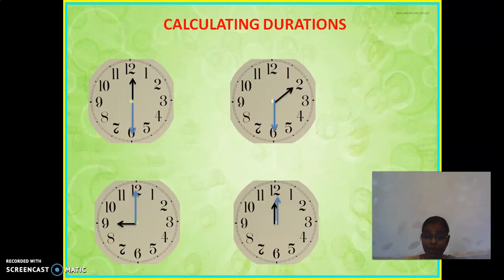Shall we calculate the durations now? Okay, how do the actions take place? Here I have given the hour hand at 12 and the minute hand at 6. So it is half past 12.